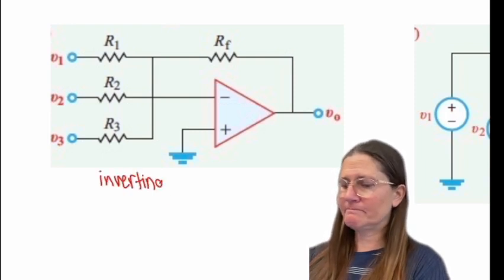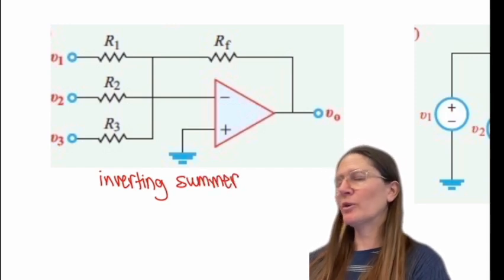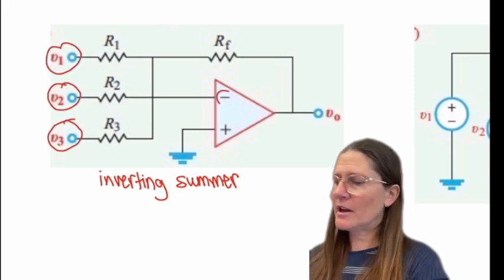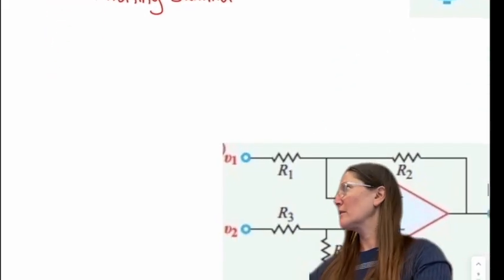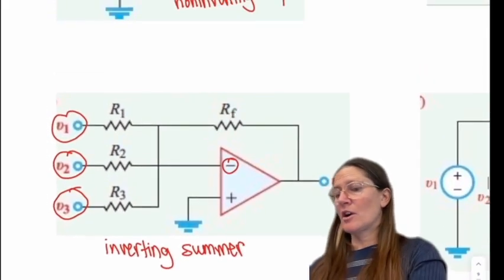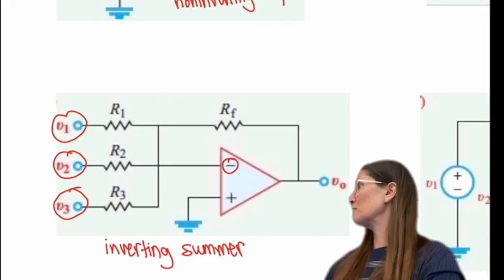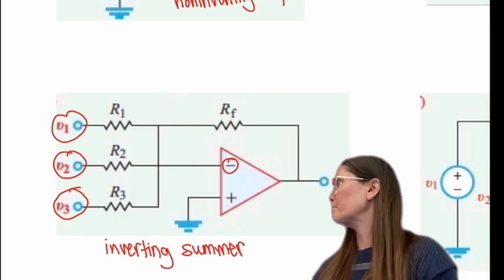Inverting summer. It does have feedback. I have 3 inputs, and they go into the negative terminal. Is it always going to be 3 inputs? No, it can be more than one. It could be 2, 3, 4, 5, 6, and I can keep adding as many as I want to add these up.